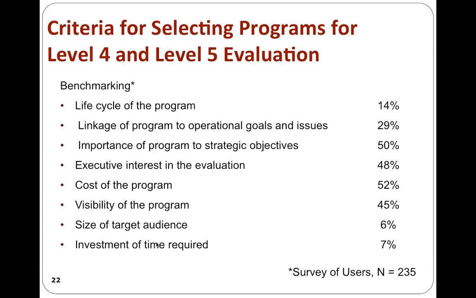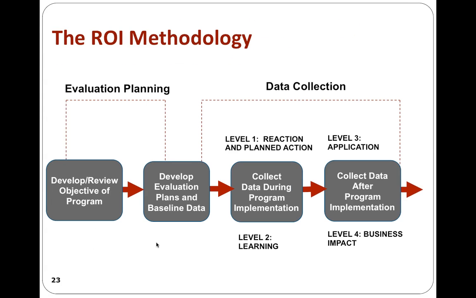Now I want to show you quickly the model we use to select this, to collect the data. So if we go to the model, you can see it's a sequential logical model. It starts with objectives, we have to have objectives set at the level 3 and 4. That's application and impact. And then we do the planning, and then we collect the data during the program, and that's reaction and learning.